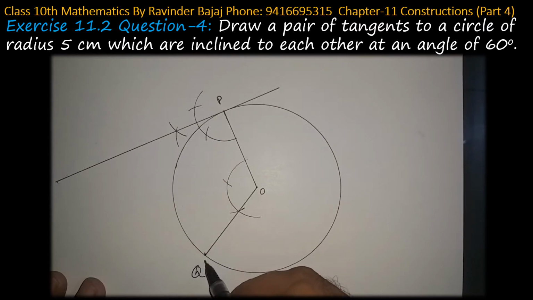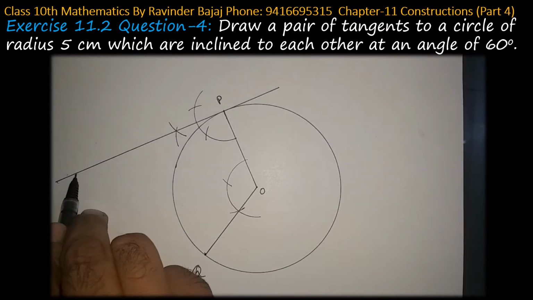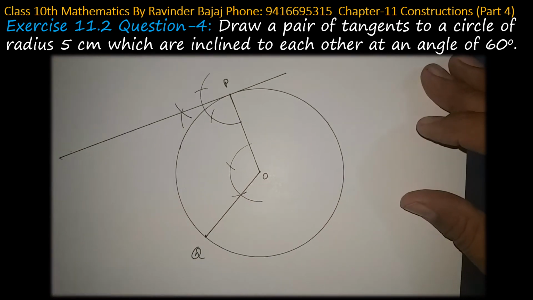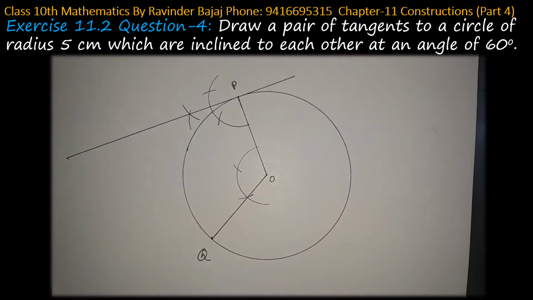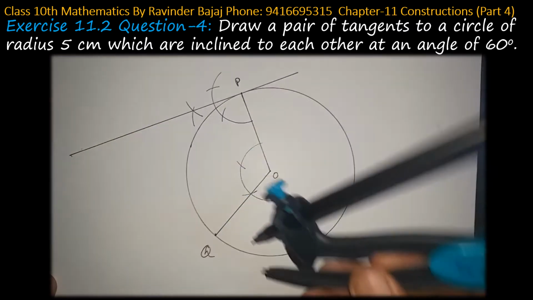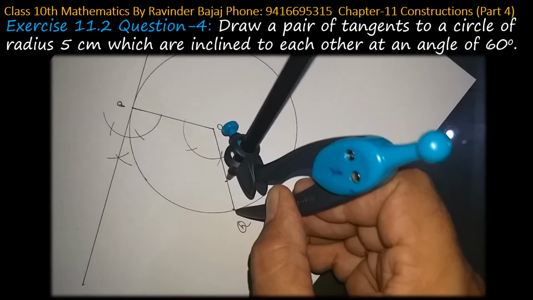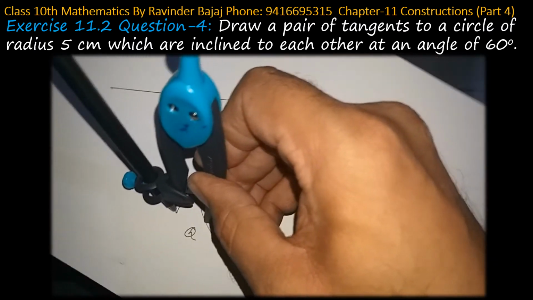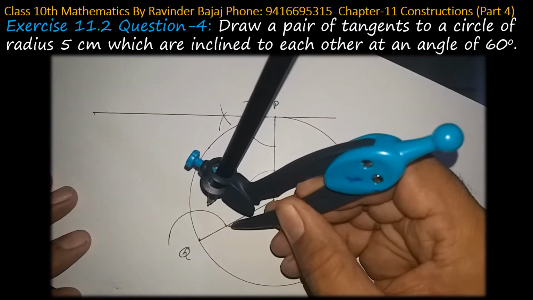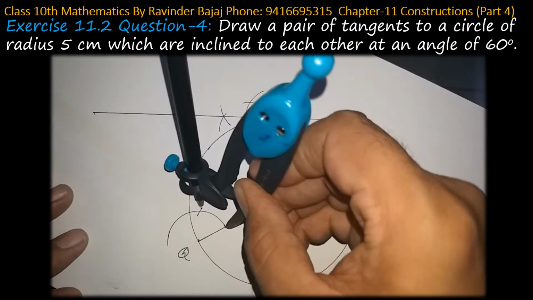At point Q we will draw again a 90 degree angle which will touch this tangent at some point. Say again let's draw a 90 degree angle here. Keep your compass at Q and draw a semicircle. And without changing your compass, draw 60 and then 120.